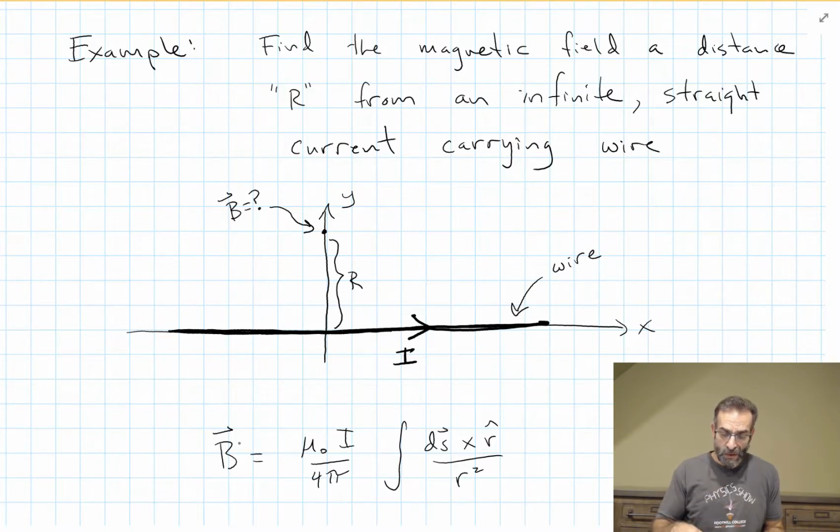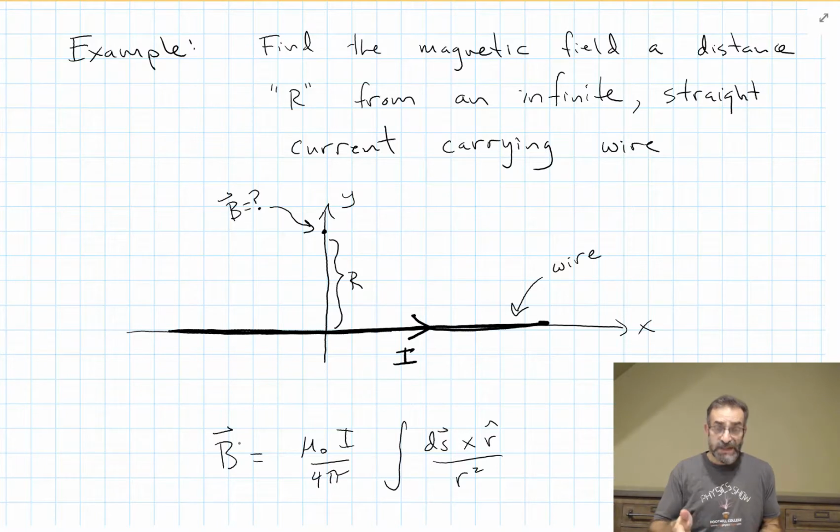We know that this wire is going to have magnetic field lines that form circles around it. So if we're standing a distance r away from the wire in the plane of the page, that magnetic field has to be perpendicular to the plane of the page. It forms a circle around the current carrying wire.